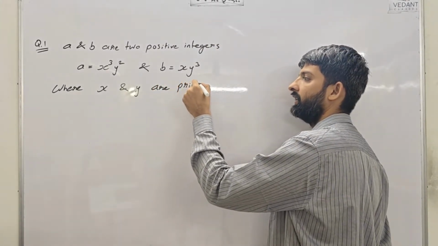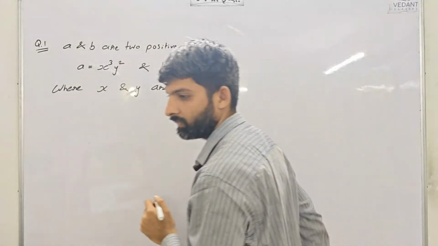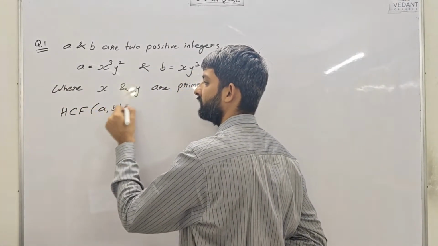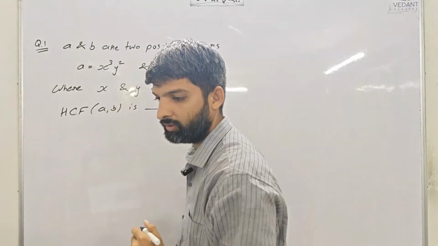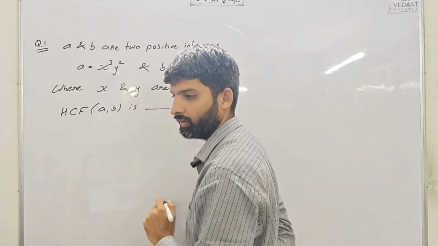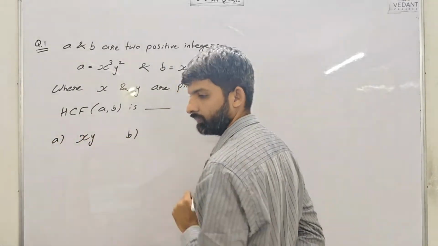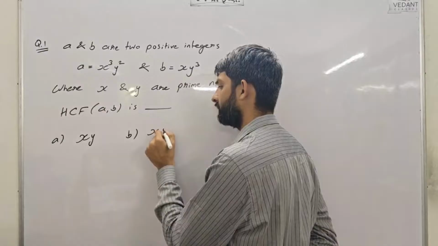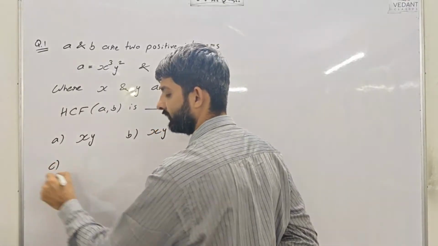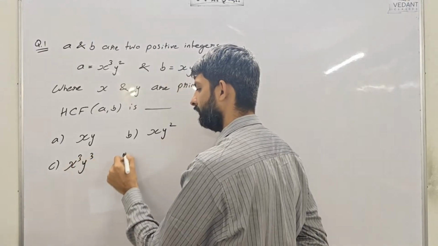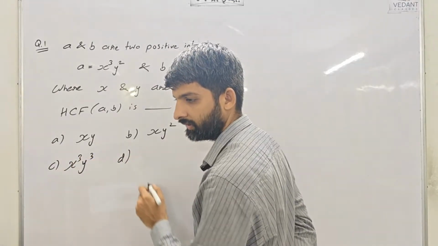So the HCF of A and B is what you need to calculate. The options given are: A, xy; B, xy square; C, x cube y cube; and D, x square y square.